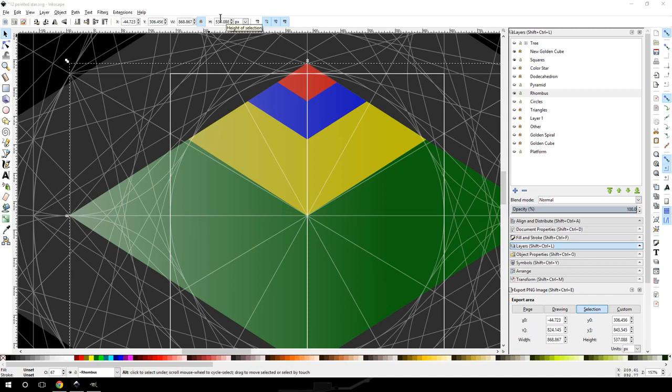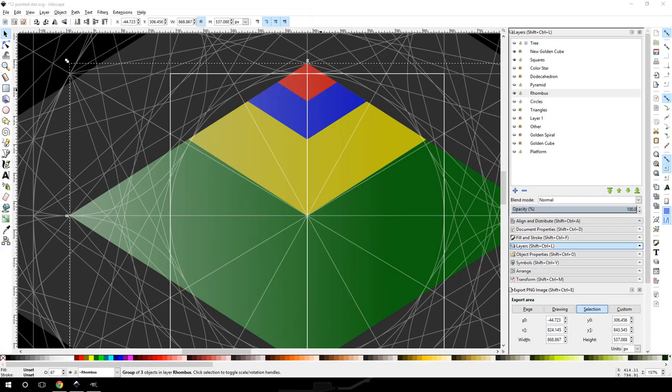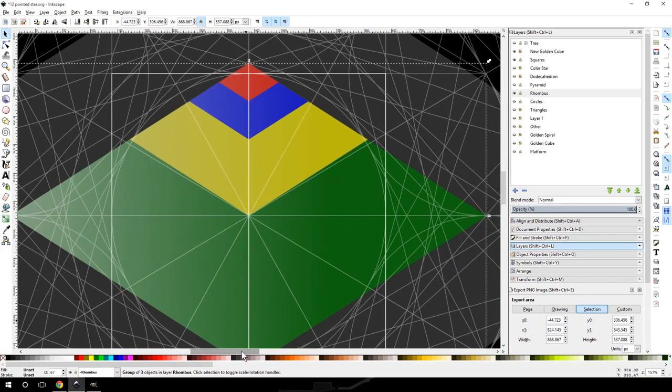So let's go ahead and try that real quick. 0.88 times 869, 868. You can see that this is a golden rhombus, and you can see that the points are actually contained in here.